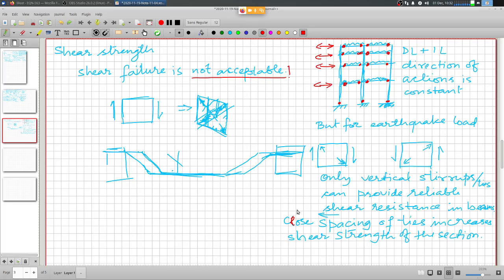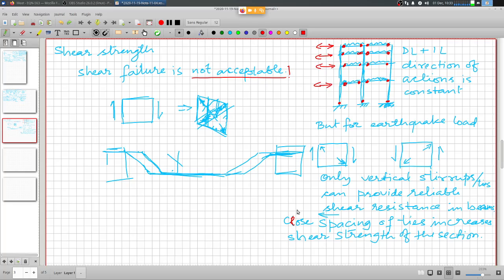And for this purpose it is important that the spacing of the ties is very close, and that is where the special ductile detailing provisions come in, which ensure that while developing the flexural capacities and enhanced ductility, through confinement, they also prevent premature failure in shear.